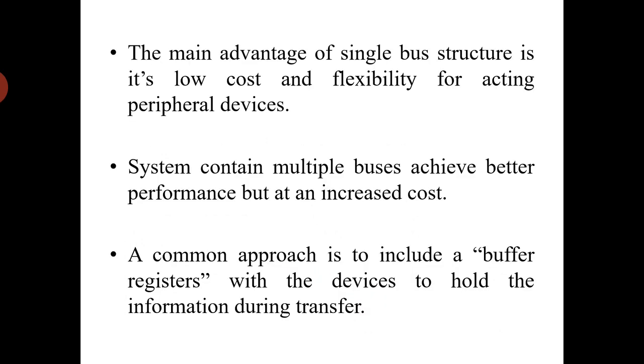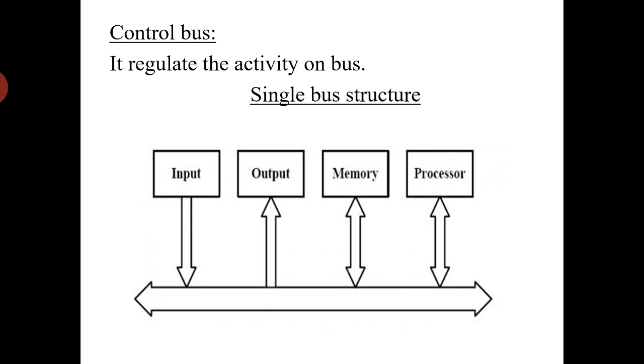All these individual units are connected to a single bus, because the bus can be used for only one transfer at a time. Here we use a single bus, meaning in this bus we have the address bus, data bus and control bus. We have only a single bus, so we can perform only one transfer at a time.